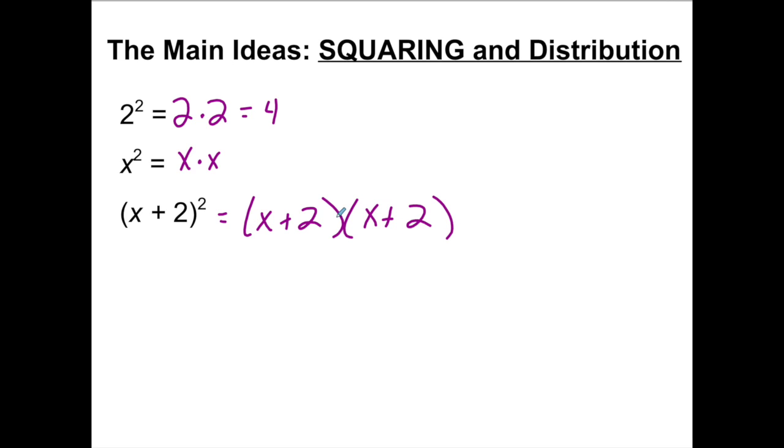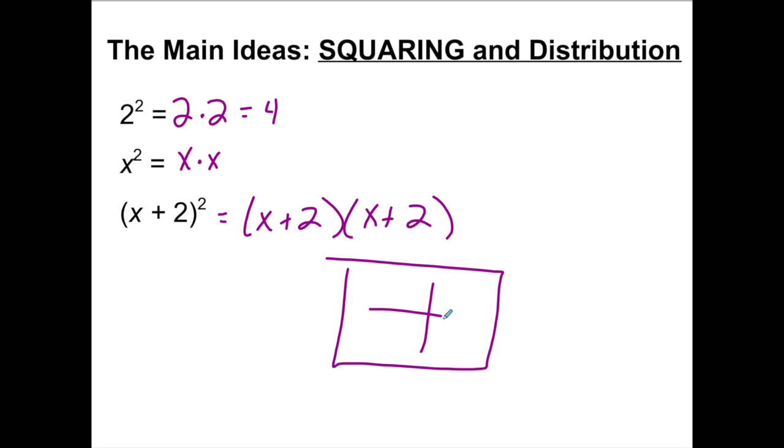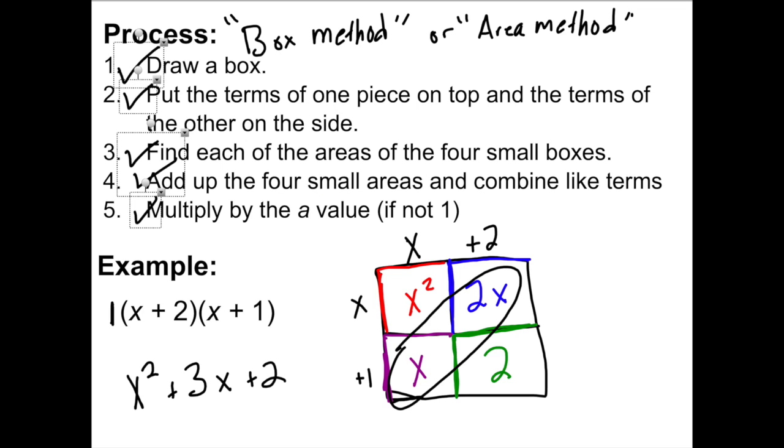And we have a way to do distribution here because we have the box. Using the box, we can figure out stuff like this. It's just taking what we've learned and tweaking it a little bit. Recall what we learned when we went from intercept form to standard form: we would take our two pieces, put one on the top and one on the side, fill in our individual areas, and then add them all up and combine like terms.